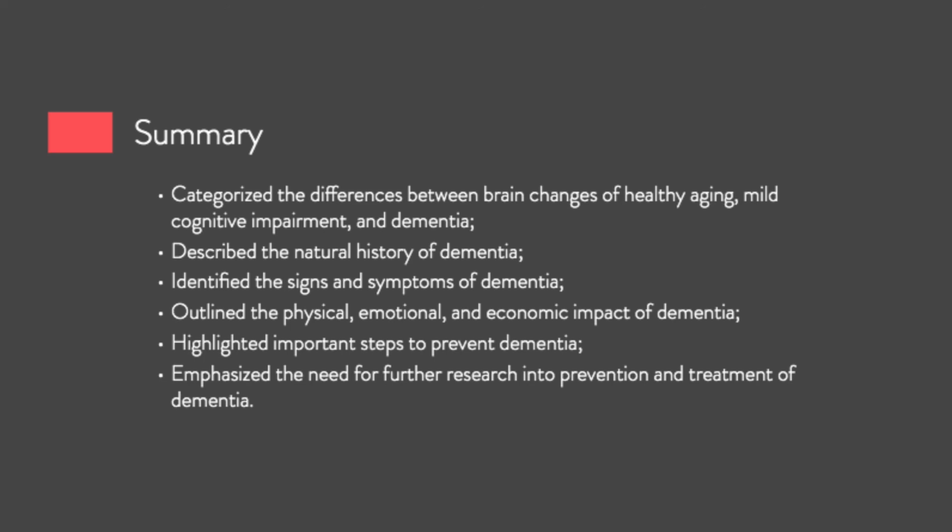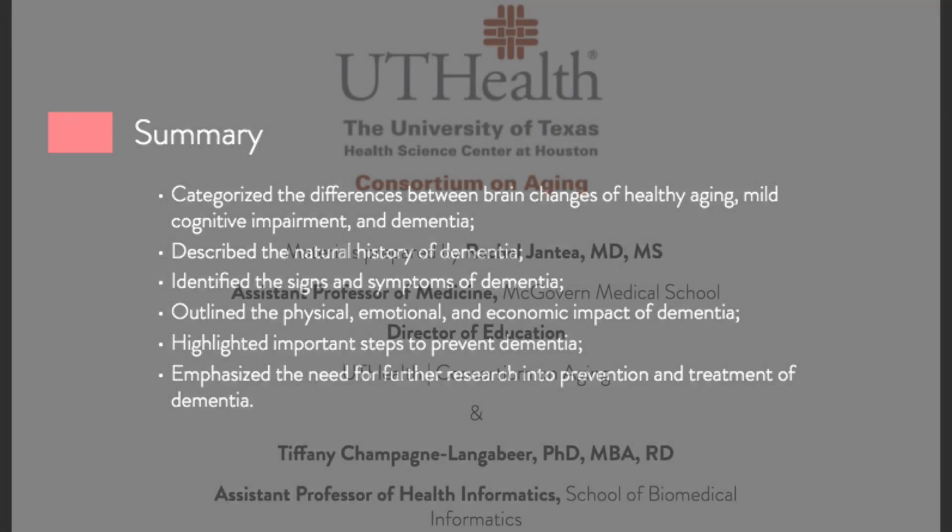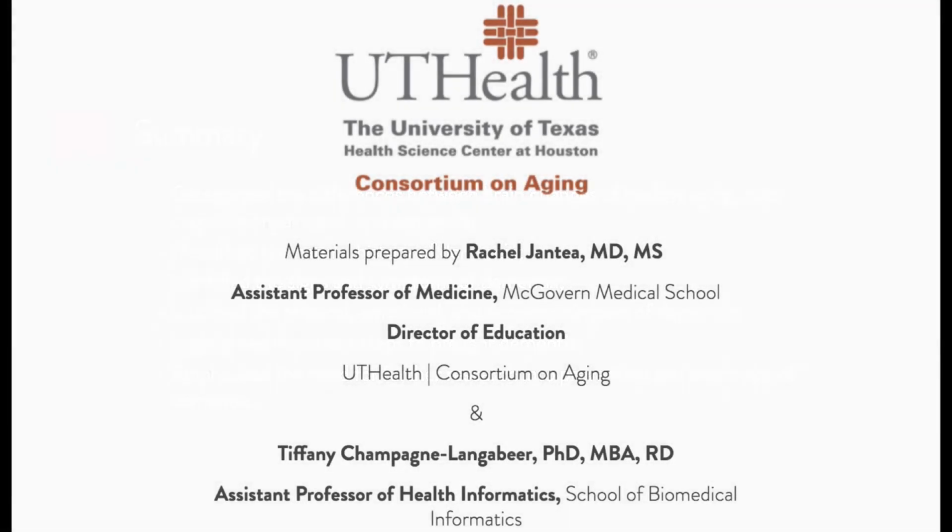This module is the first in a series brought to you from UT Health's Consortium on Aging and is designed to give the community health worker the background and skills you need to help your patients living with dementia or to recognize the signs of dementia in aging patients.